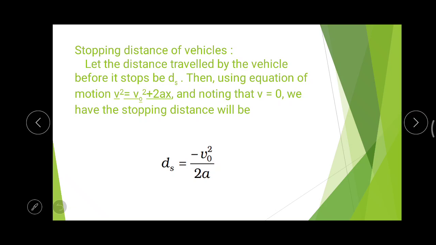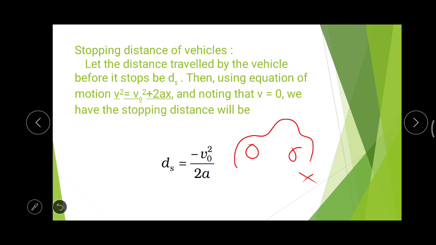Let the distance travelled by the vehicle before it stops be ds. Okay, so a vehicle is moving with some velocity. Now at a point it applies the brake.